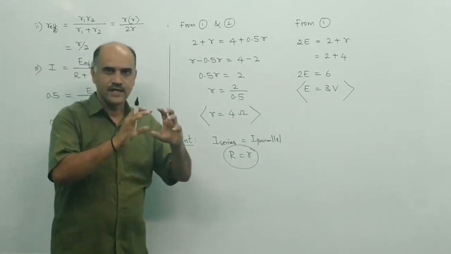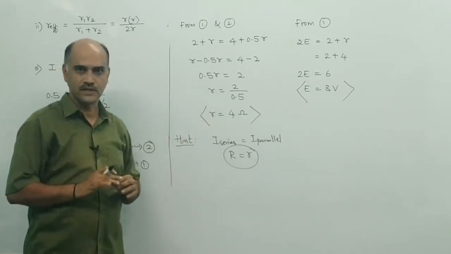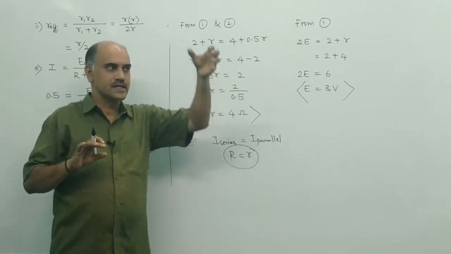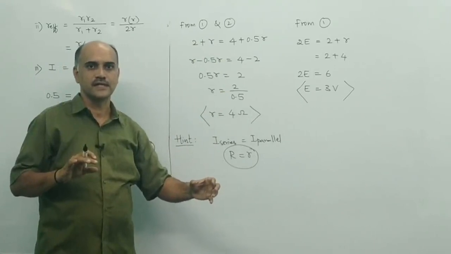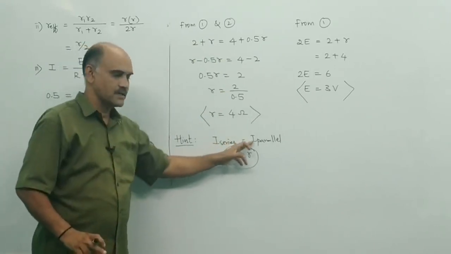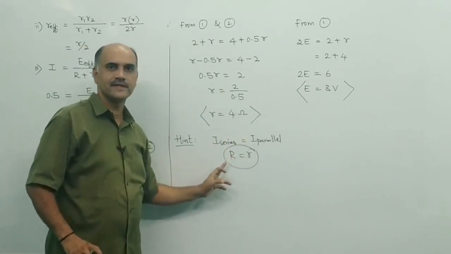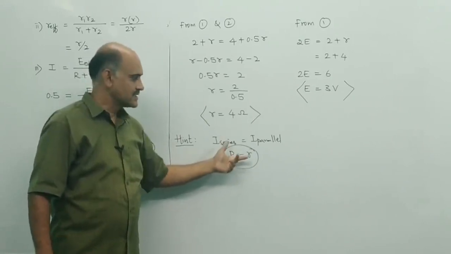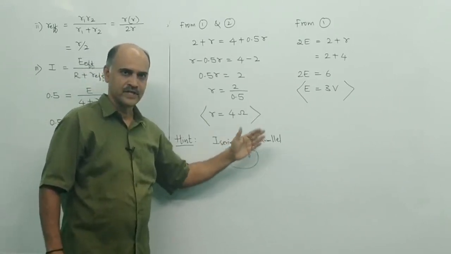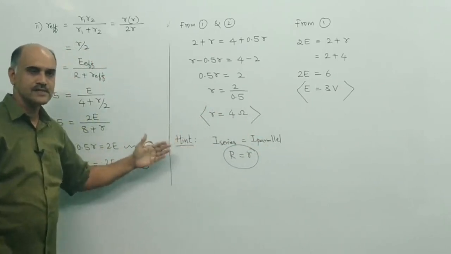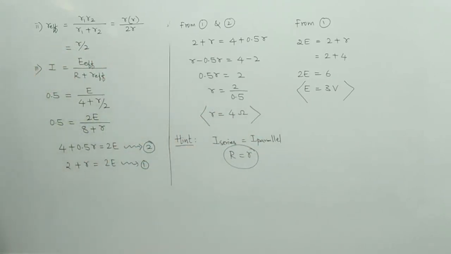So if identical cells are joined in series or parallel and the current is the same, small r will always be equal to capital R. This is a hint for CET. So you can solve this, then we go for the next problem.